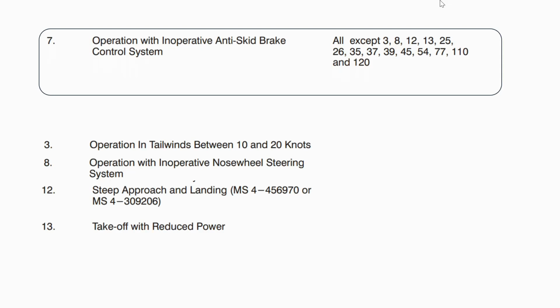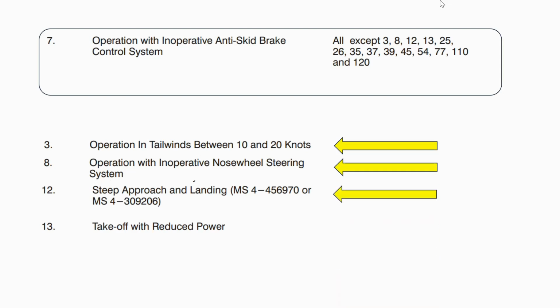So 3, for example: if you have an inoperative anti-skid system, you cannot depart if you are operating in tailwind between 10 and 20 knots. You cannot depart with an inoperative nose wheel steering system. It's not compatible. You cannot depart if you think you'll do a steep approach and landing. You cannot depart with takeoff with reduced power, a derated takeoff.